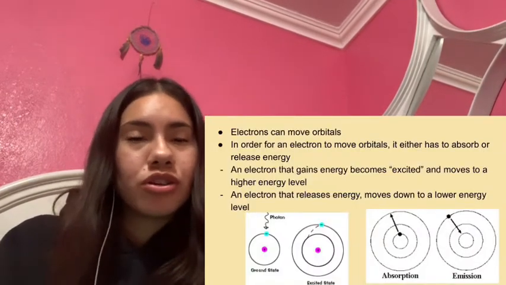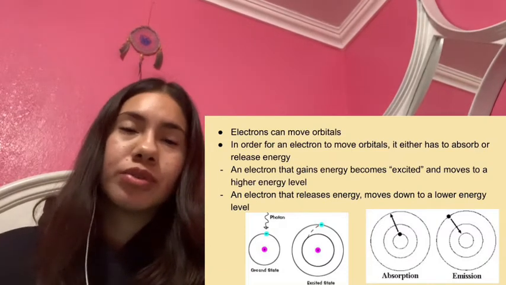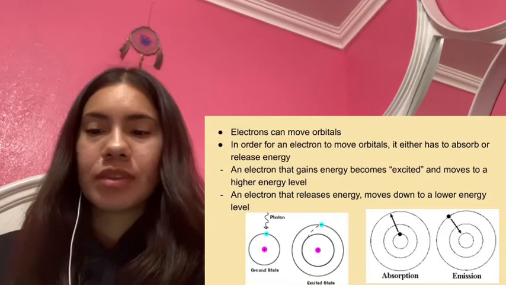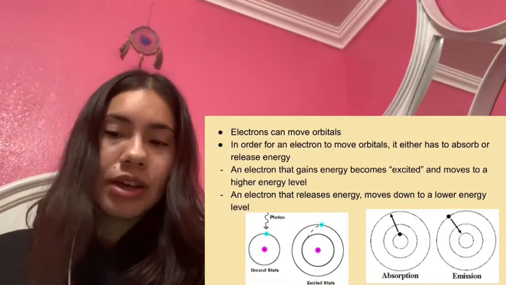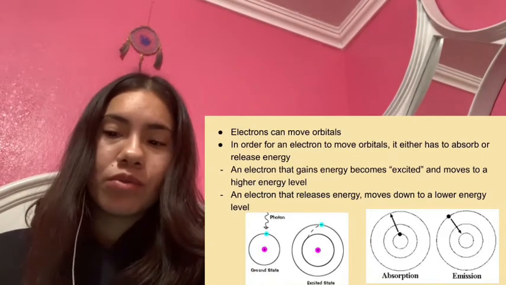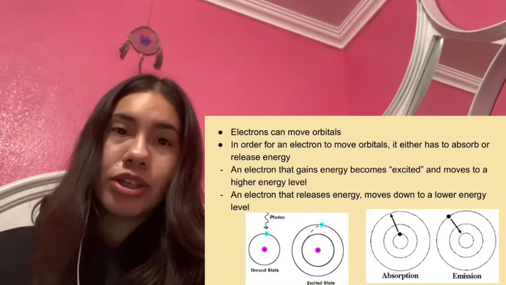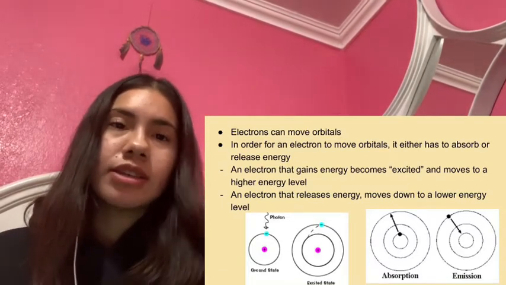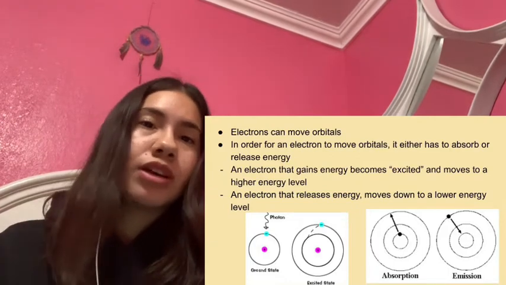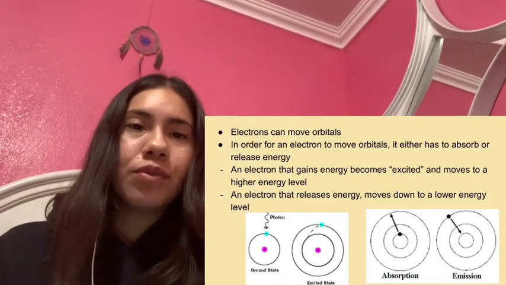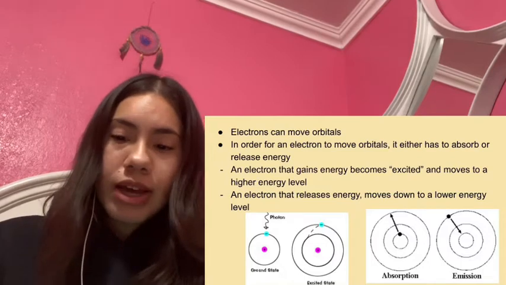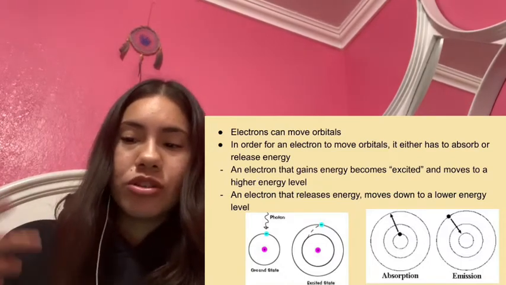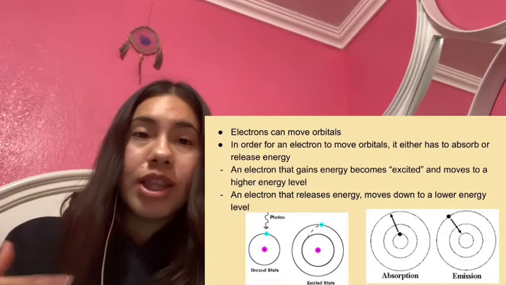In order to do so, they either have to release or gain energy, either receiving or releasing it as light. An electron that gains energy gets excited and moves to a higher energy level, and an electron that releases energy moves down to a lower energy level.